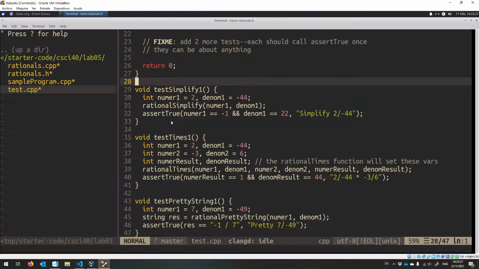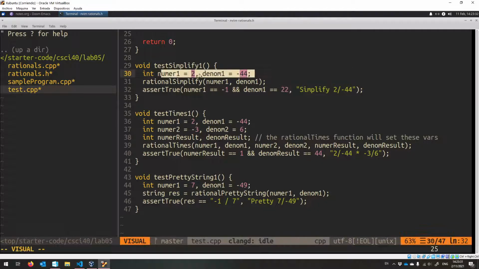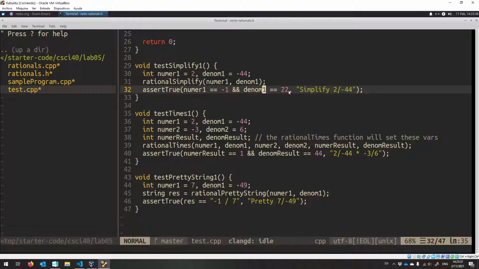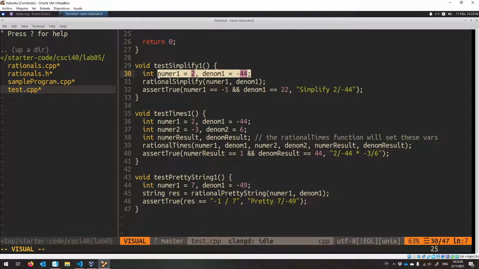But let's talk about those first functions. The first one takes 2 numbers that represent a fraction, and it simplifies them. That's the name of the test. And then we're asserting true that after simplifying, the numerator is negative 1, and the denominator is 22 now. They got changed, right?